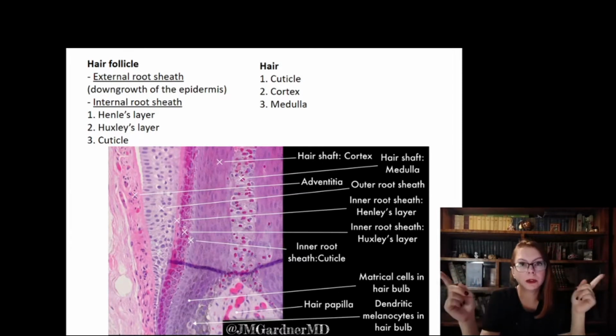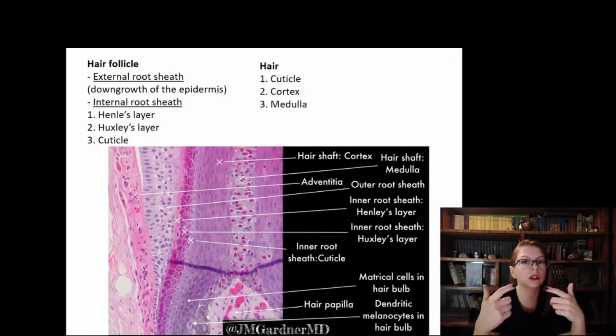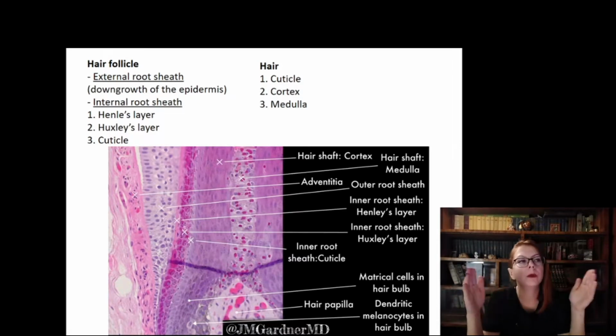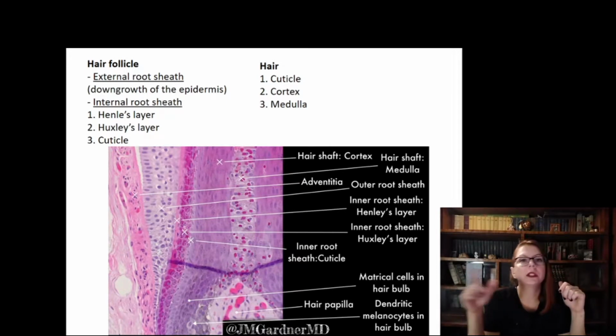There is a cyclic period of hair growth. We call these phases anagen, catagen, and telogen. So there are three periods: when hair starts to grow, when it is in a steady state, and the telogen, which is the period when the hair follicle stops dividing and we eventually lose the hair.